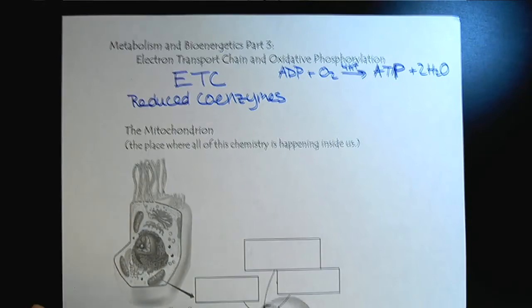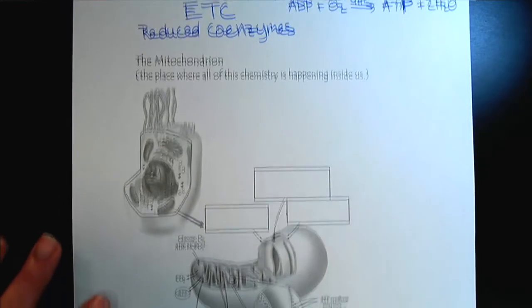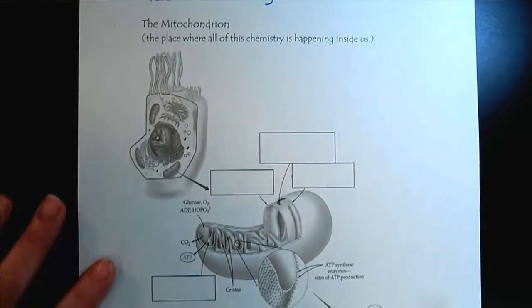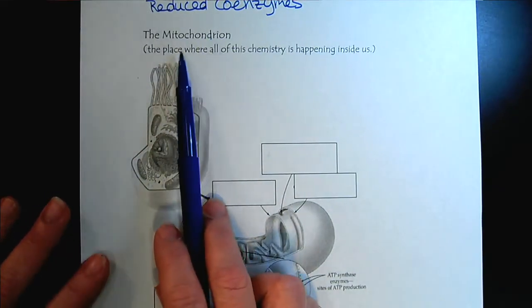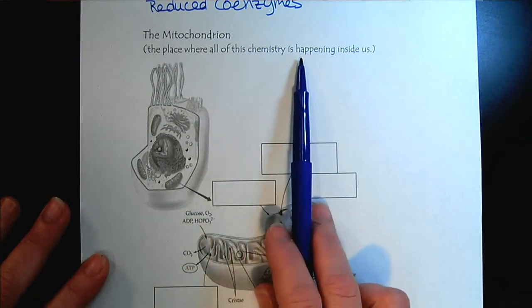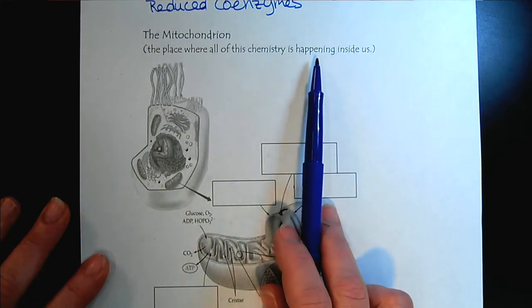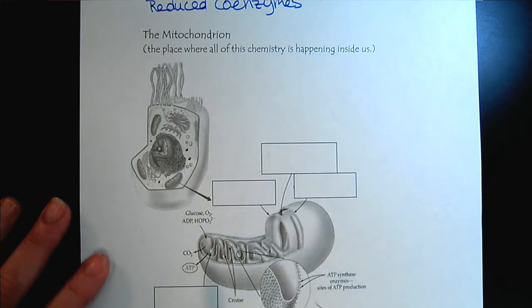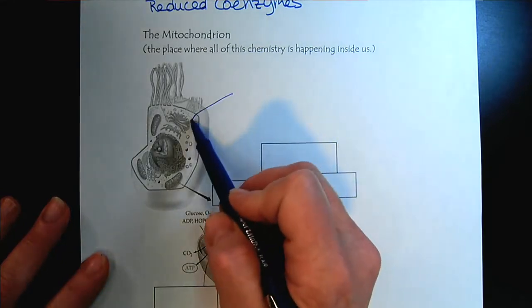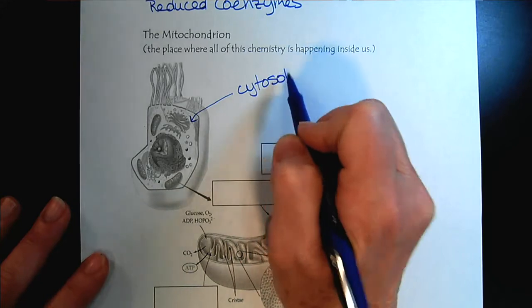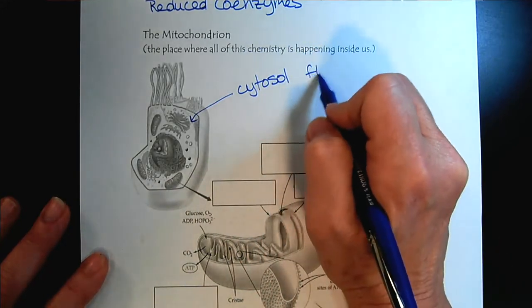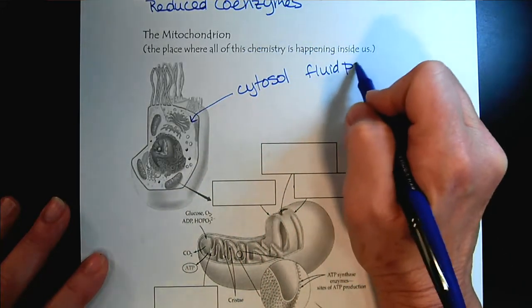So let's look a little bit at where all this is happening inside our cells. The mitochondrion is the organelle where the chemistry we're talking about in this chapter is going to be happening. Very briefly, there's the cytosol, which we know is the fluid portion of the cytoplasm.